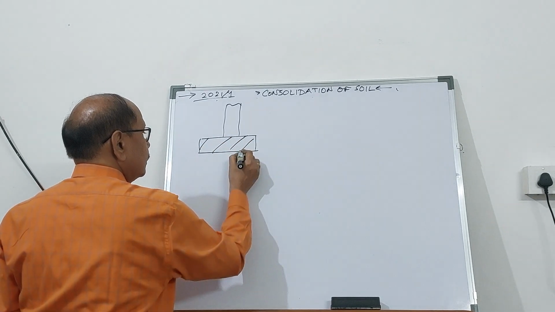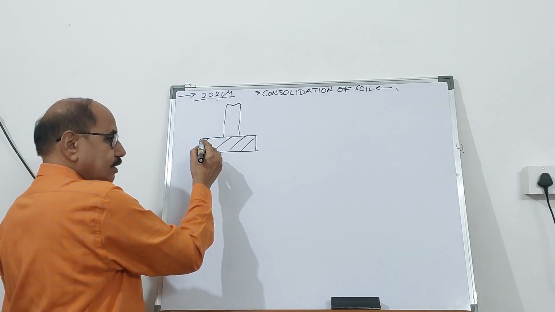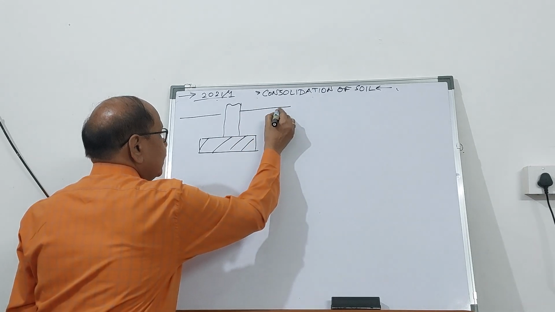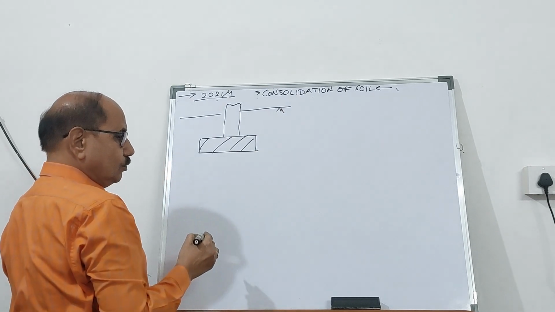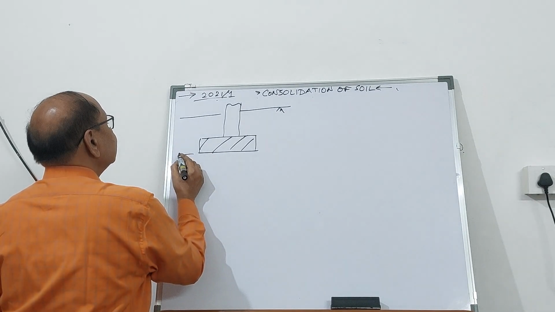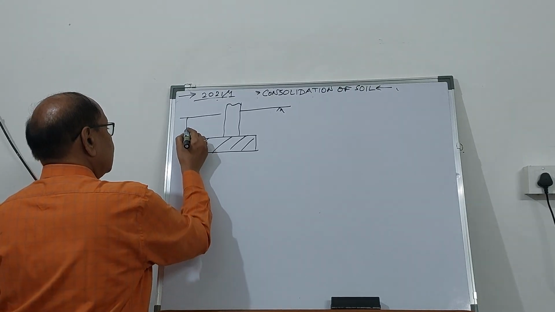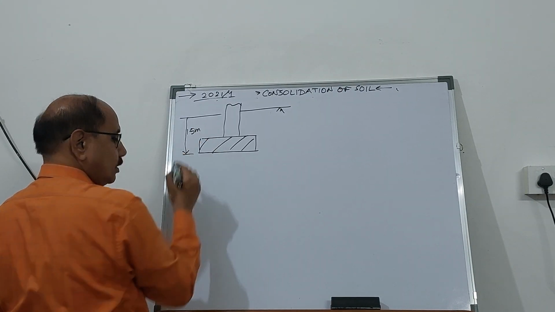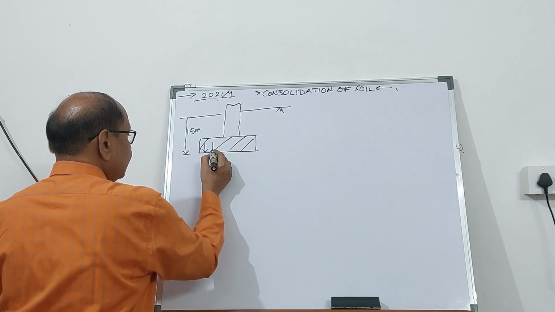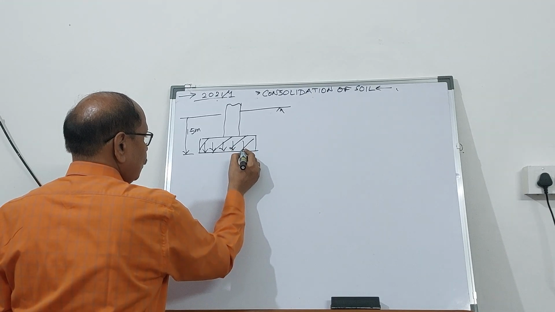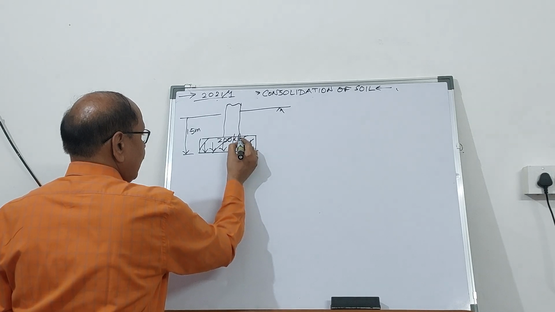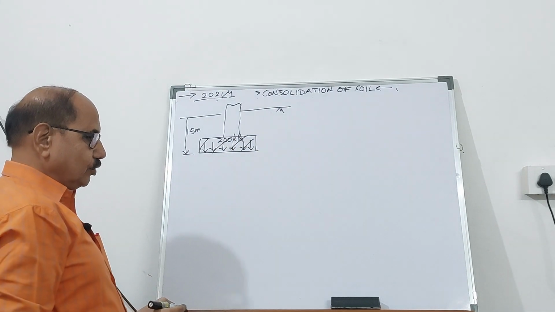This is the footing embedded into silty sand, and this is in the figure shown here. This is at 1.5 meter, the base of the footing. Here it is 1.5 meter, right? And then the intensity of loading over this footing is 200 kilopascal. So that's also given to you.